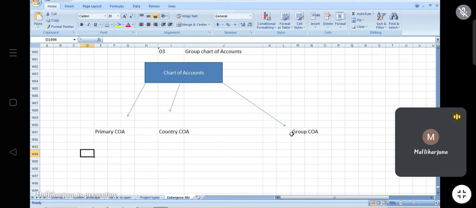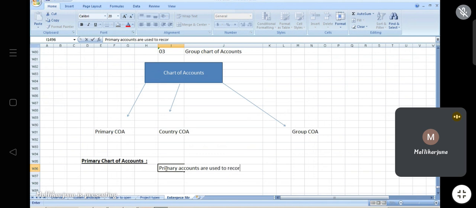The primary chart of accounts, or operational chart of accounts, is used to record day-to-day transactions.